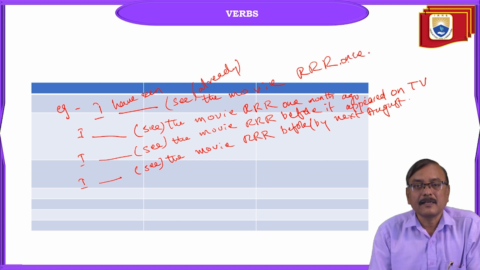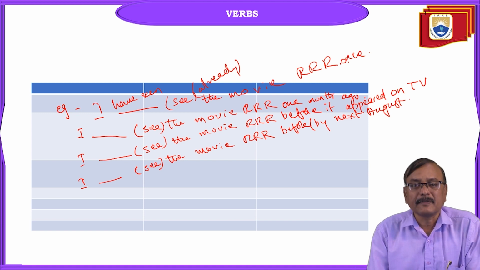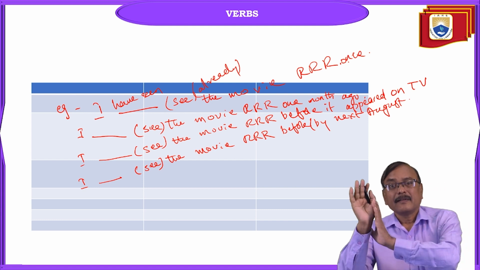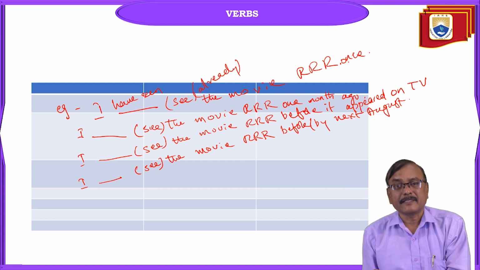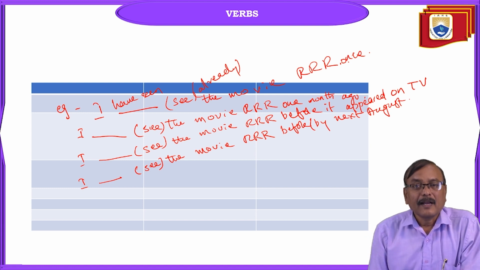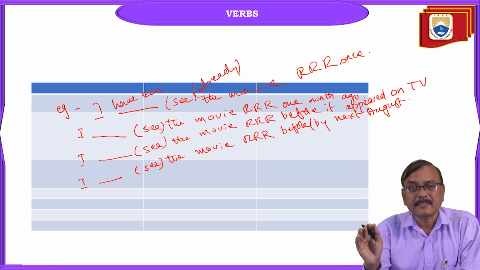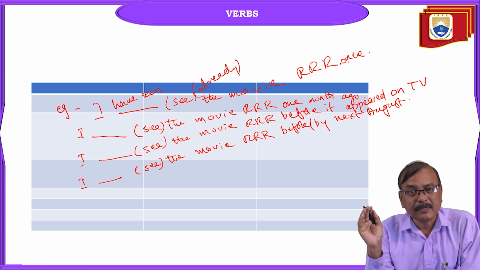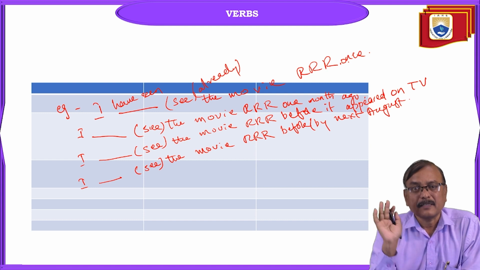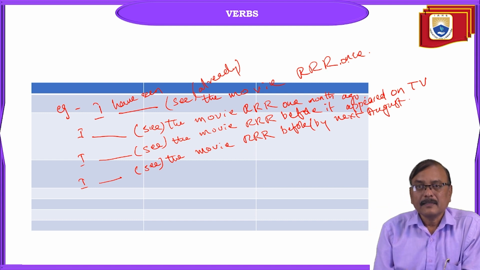I have seen the movie Triple R once. You can select. It is a completed action, but past time is not mentioned. It is not given, and you are not giving importance to its past time. But its result is there with you at present. That's why it is present perfect.